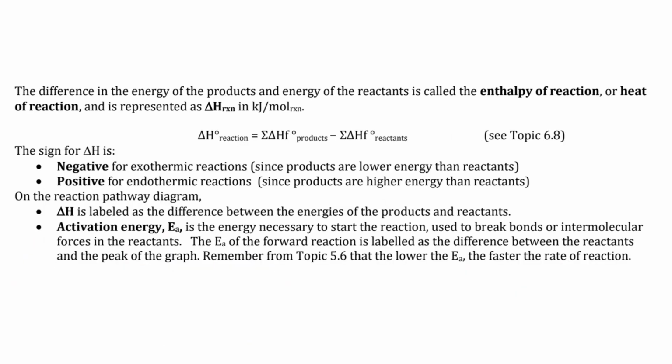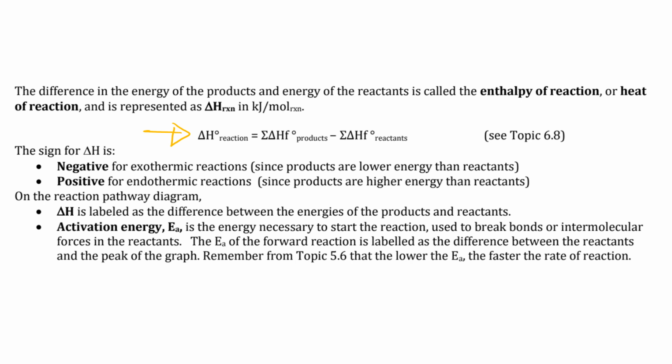The difference in the energy of the products and the energy of the reactants is called the enthalpy of reaction or heat of reaction, and it's represented by delta H. The units are kilojoules per mole of the reaction. In topic 6.8, we're going to look at enthalpy of formation later on in the unit.